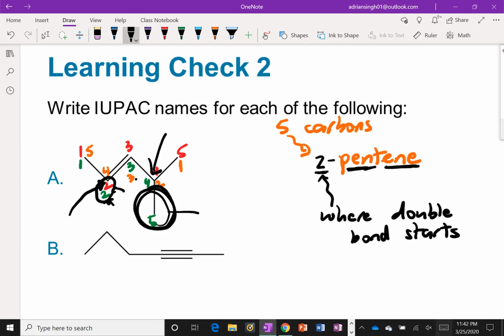Right, and this here, if you remember, that's a methyl, a 1-carbon chain, or 1-carbon group, or substituent, and it's on carbon number 4. So we're just going to insert that at the front. 4-methyl-2-pentene. Right, so that tells us exactly what we have in our compound.